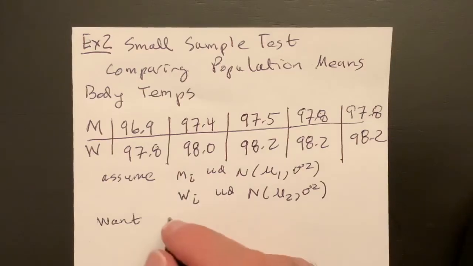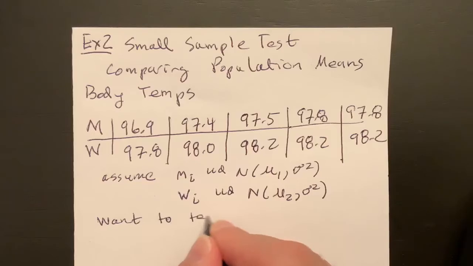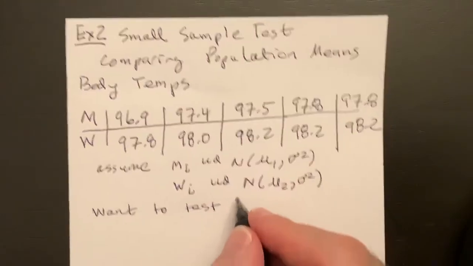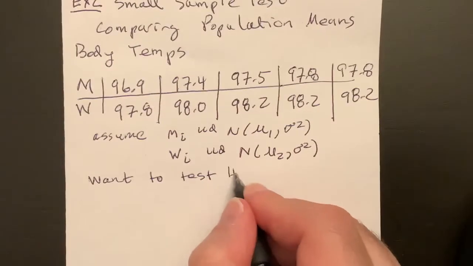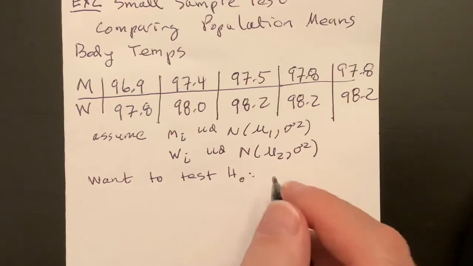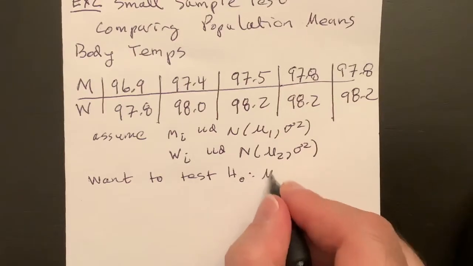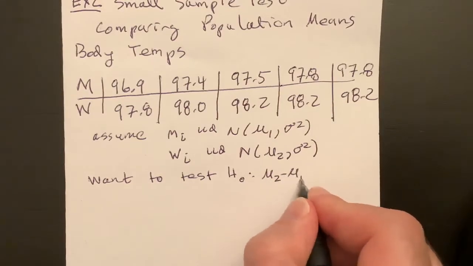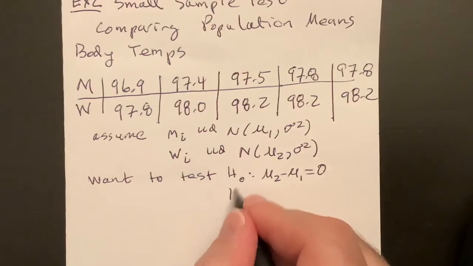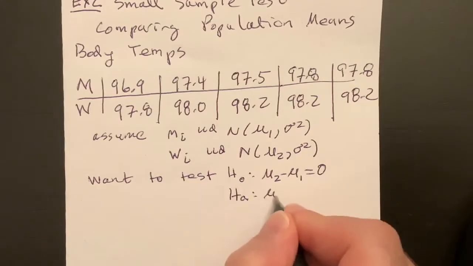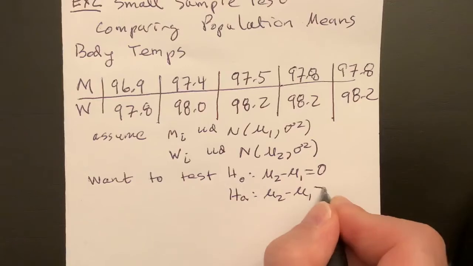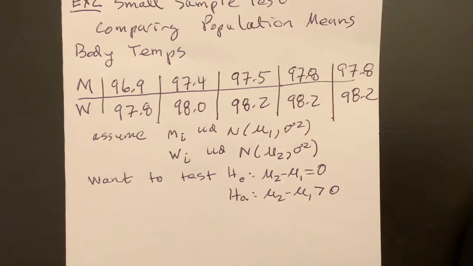So the test that would make sense is we want to test H0, that there's no difference, so we'll say mu2 minus mu1 equals 0 versus HA, mu2 minus mu1 greater than 0.